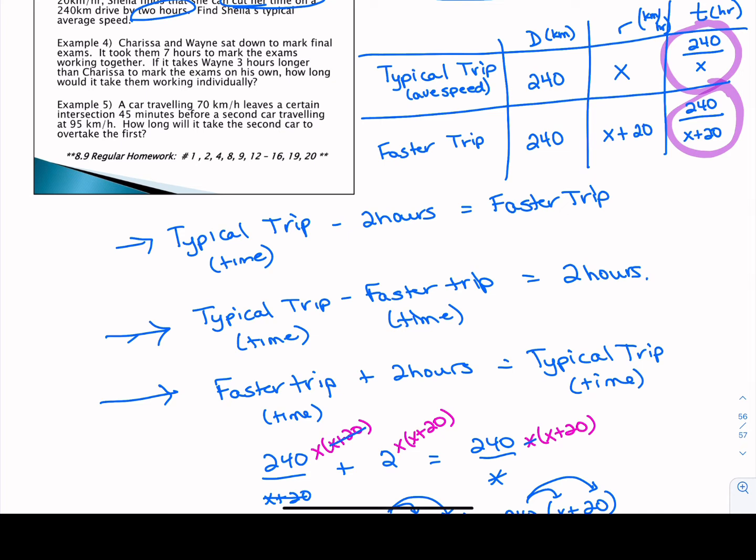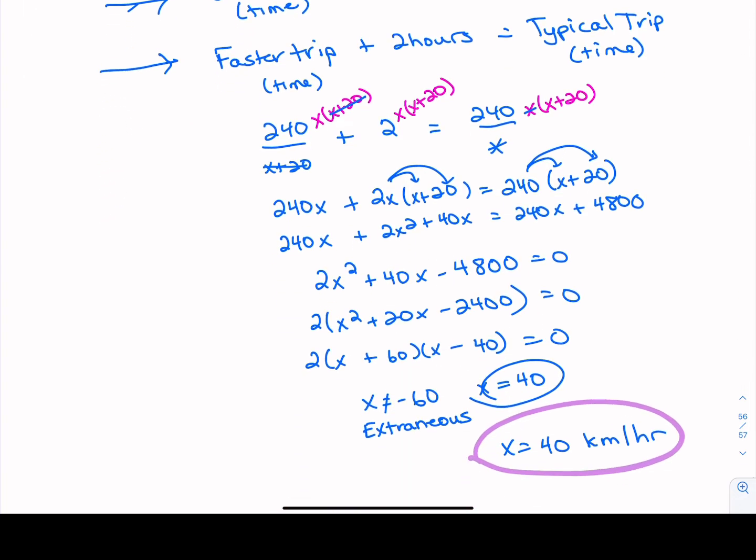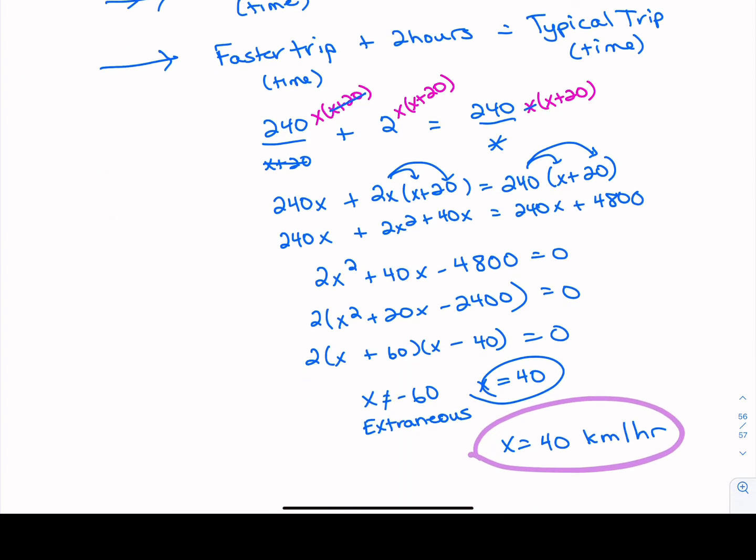We could substitute x equals 40 into those time functions to get the amount of time that it takes her traveling for those two trips too. So at this stage, just make sure that you clearly state what that answer represents and explain that 40 kilometers per hour will be Sheila's typical average speed.